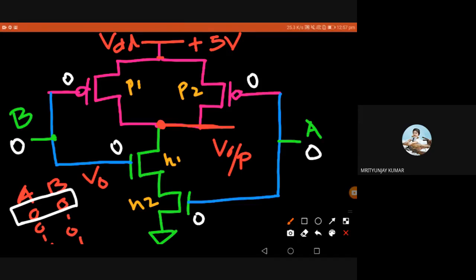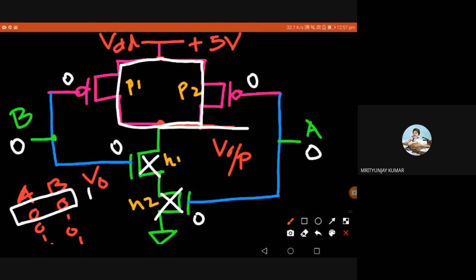So P1 and P2 are on, and plus 5 is short circuited through P1 and P2 to the output. At the same time, N1 and N2 are getting 0 at the base, so both are off. So V output is disconnected from the ground and short circuited to VDD, so V output becomes high.